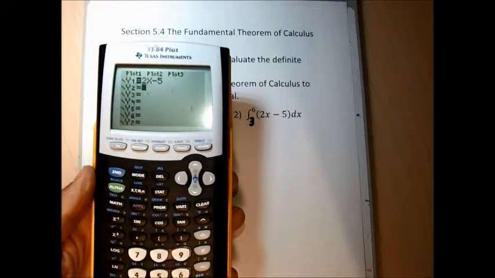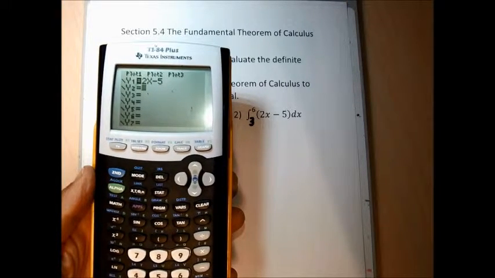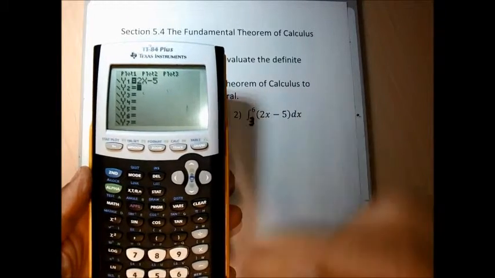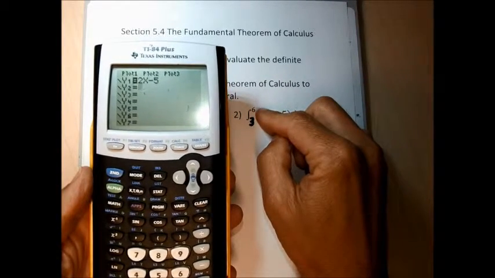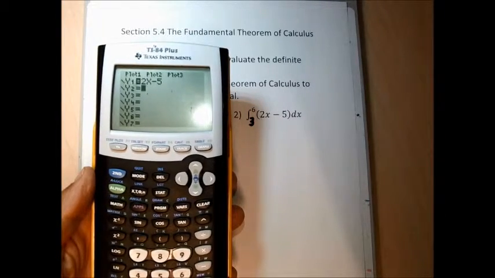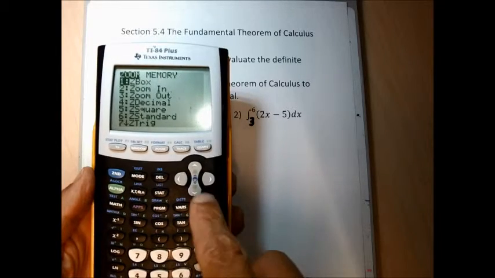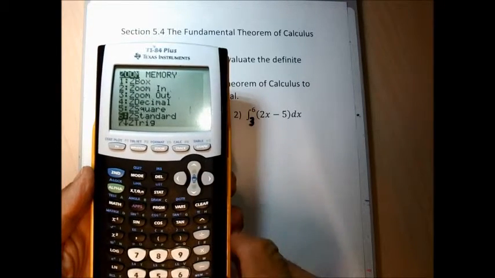I can do a zoom standard and my calculator can still find the right area. If I wanted to, I can go x min equal to 3, x max equal to 6, but then I'm going to have to change the x min and x max for every problem, and I don't really have to. So I'm just going to do a zoom standard and leave my window at that.